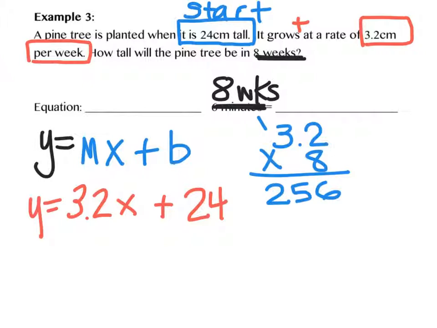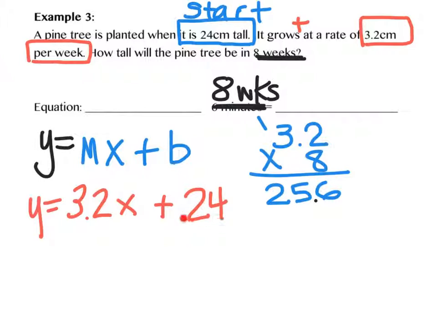Okay, it's not going to be 256 because I have this decimal in my problem. So I'm going to have to add it in between the 5 and 6. So right now, this tells me that the tree is 25.6 centimeters. That's how much new growth the tree had during the 8 weeks.